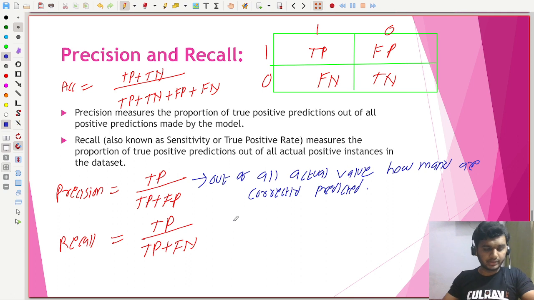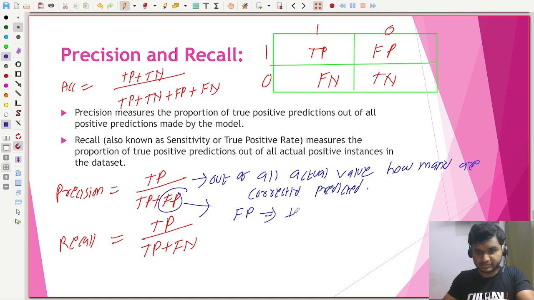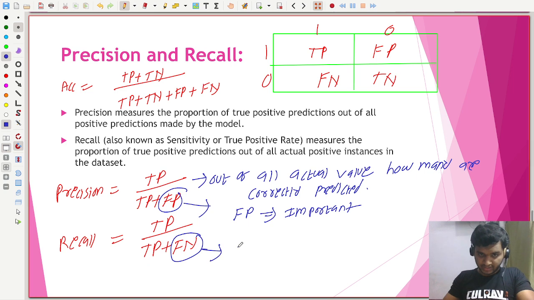So here false positive is important in precision, and here false negative is important in recall.